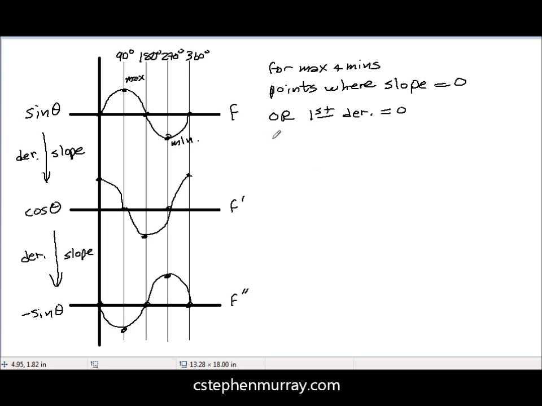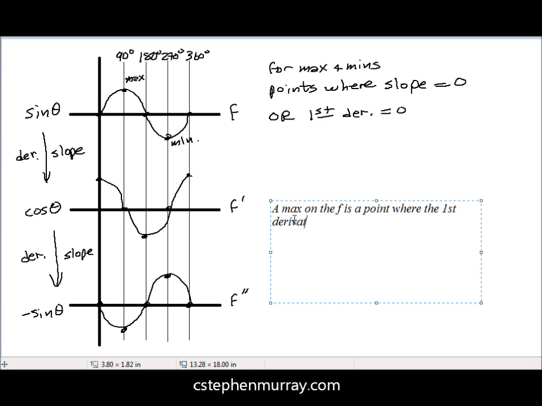Now that we know the first derivative is 0, let's look at the second derivative. I'll make this bigger so we can see it better. A maximum on the function, call it f, is a point where the first derivative, f prime, equals 0, and the second derivative, f double prime, is negative.